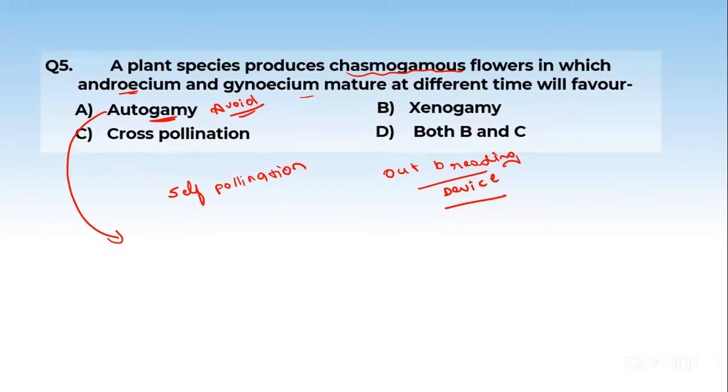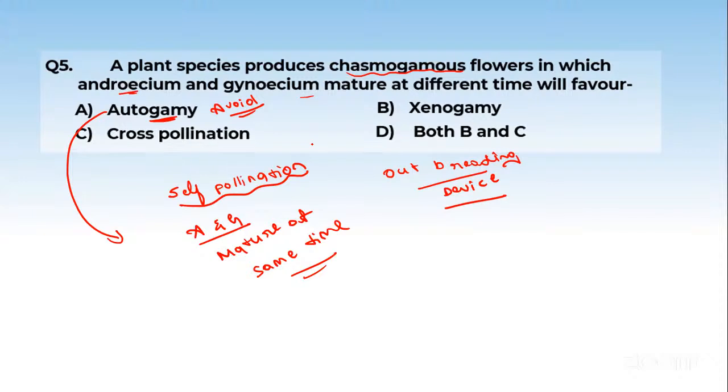If self-pollination has to happen, both androecium and gynoecium have to mature at the same time. Only then self-pollination or autogamy happens. But here they are maturing at different times, which means they are undergoing xenogamy. Xenogamy also comes under cross-pollination. The correct answer for this is both B and C.